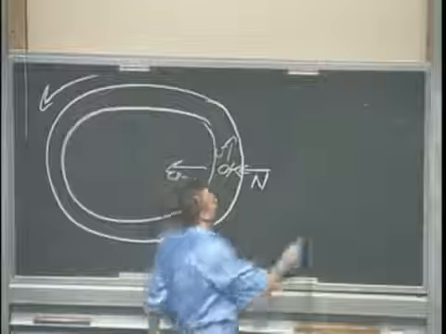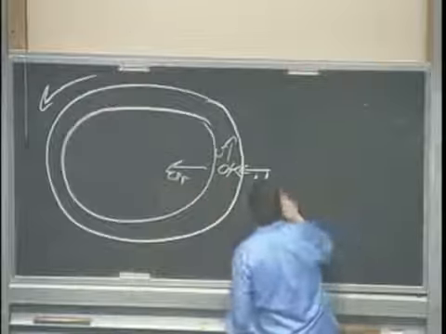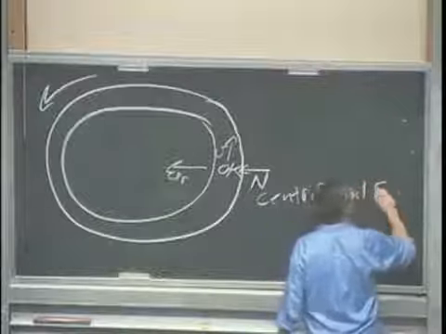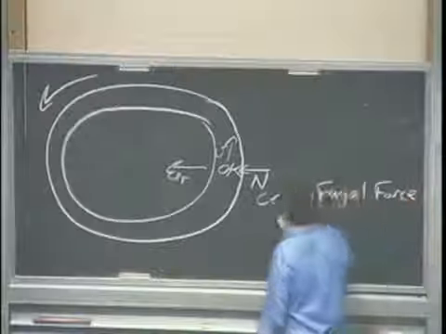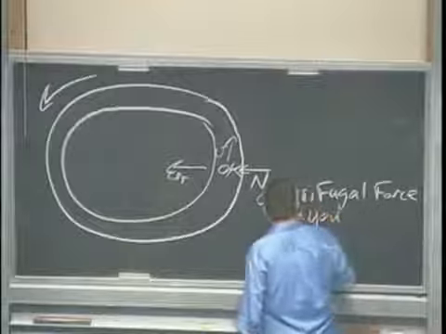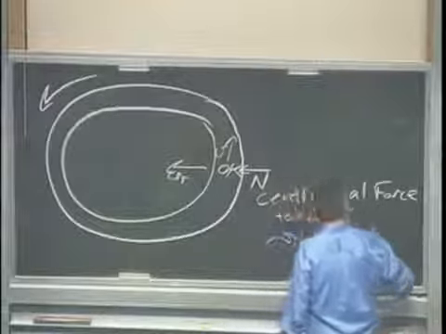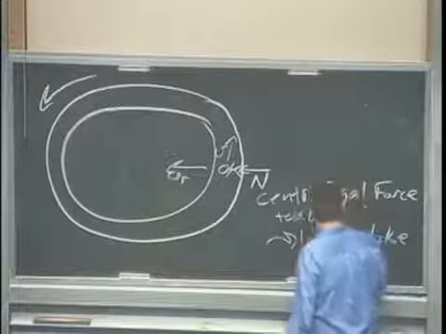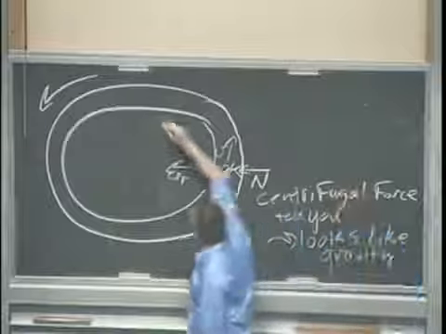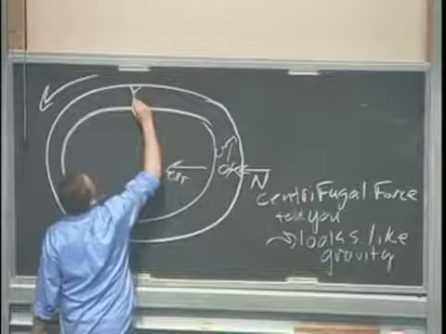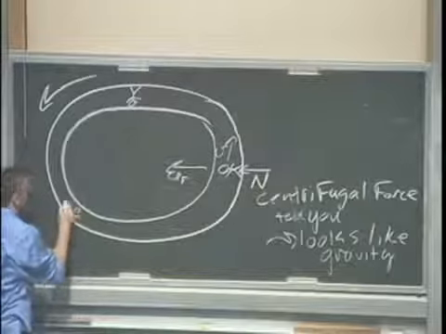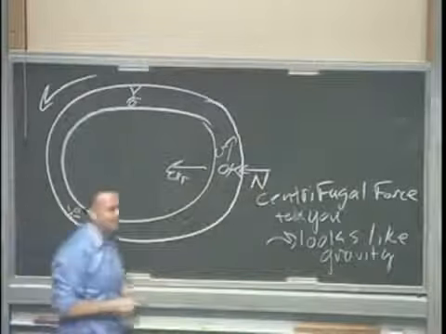And to you, that looks like a centrifugal force pushing you down, and it looks like gravity, or it acts like gravity. So as long as you're standing on the outside edge of that, and you can imagine that other passengers would be standing like this as that thing rotates around, then there is a fake gravity environment in that.